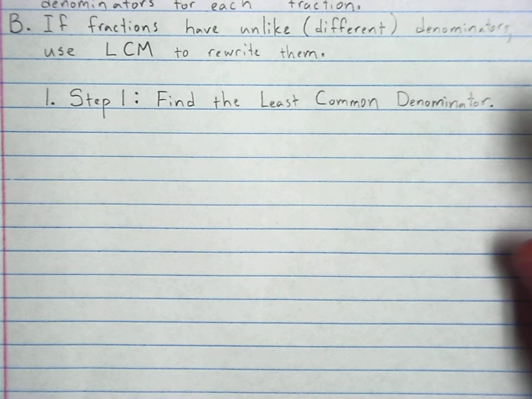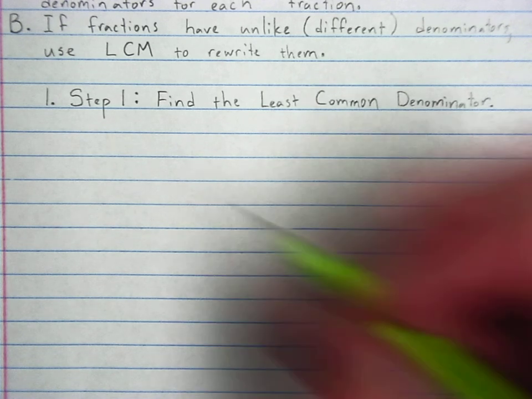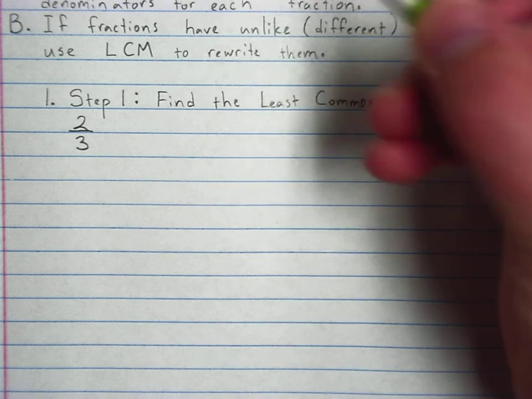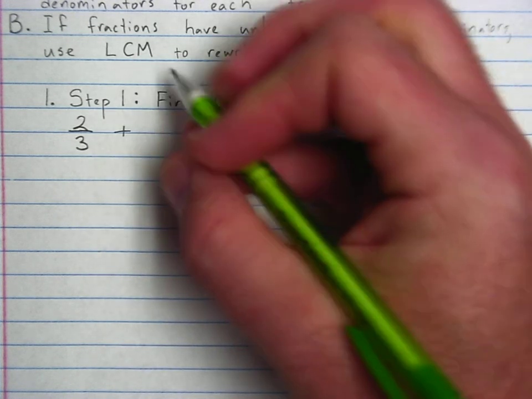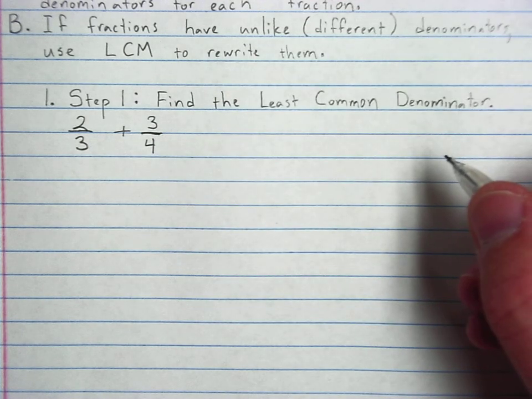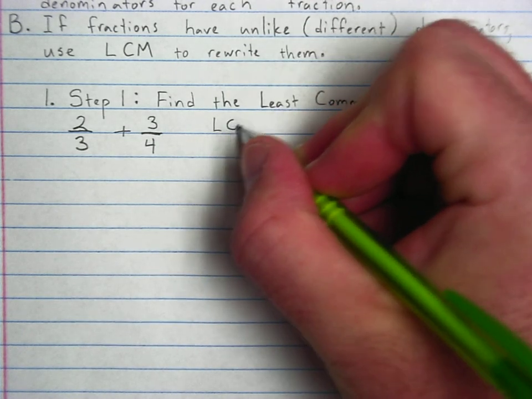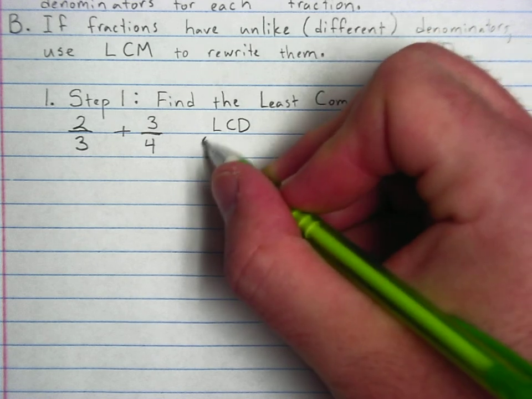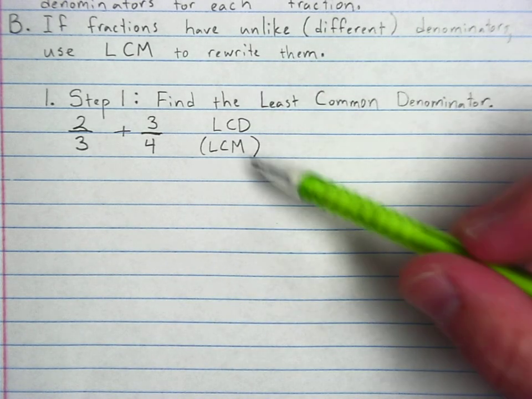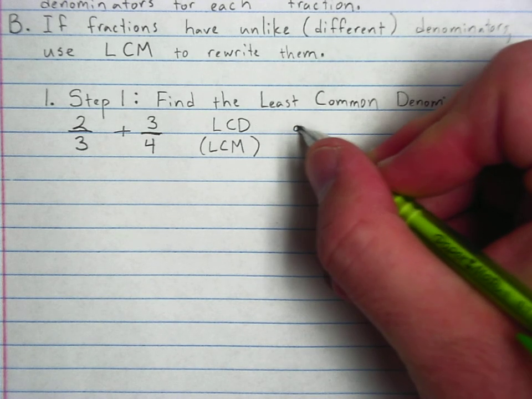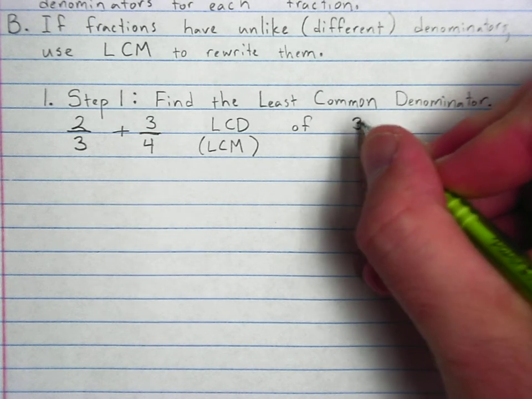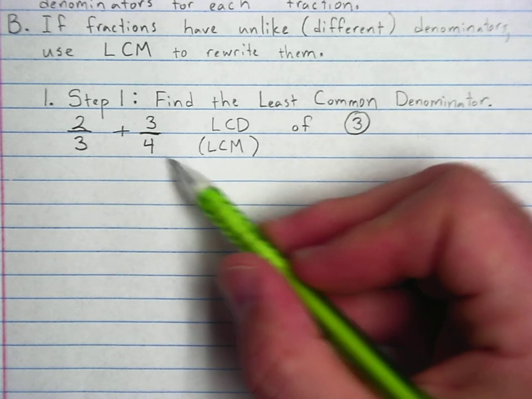Because we are going to be looking at the denominators. So if I give you 2/3 plus 3/4, I want to find the LCD, the LCM, again, least common multiple. I want to find the least common denominator of, well, let's look at my denominators. I've got a 3, and I've got a 4.